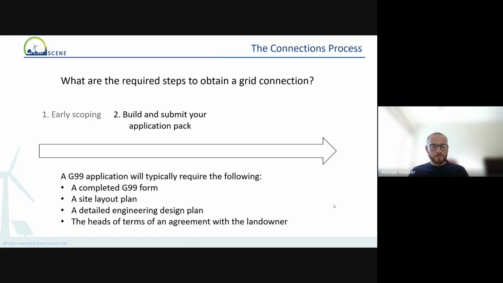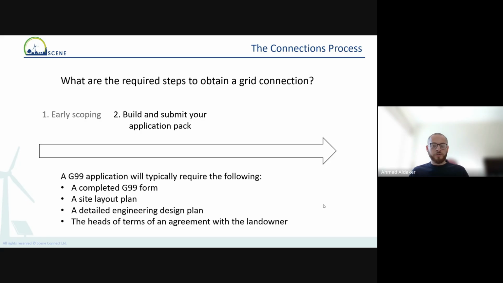Once you proceed to the application stage, you will likely require the following items to submit a G99 application. First, a completed G99 application form, and alongside that, a site plan showing the point of connection and a proposed metering location.